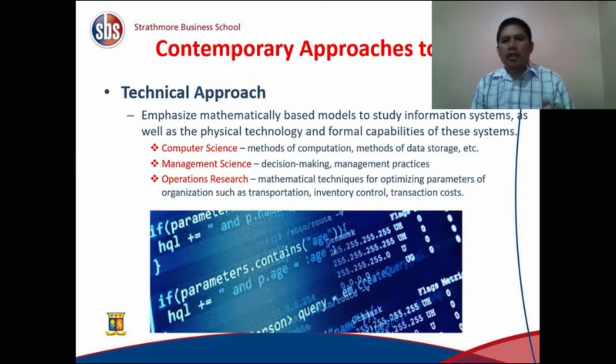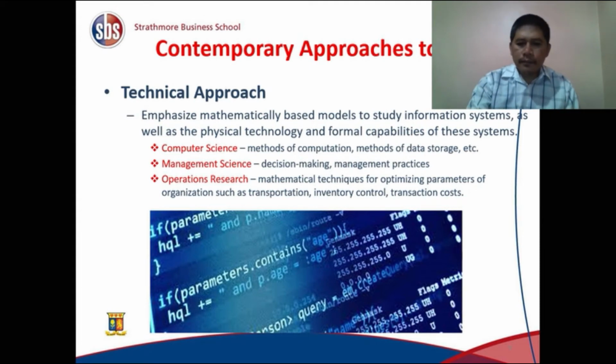We can approach information systems from a technical point of view, wherein we emphasize mathematically based models to study information systems as well as the physical technology and formal capabilities of the systems. Therefore, we can study information systems in the field of computer science, or in the field of management science, or in the field of operations research. So this is the technical approach.